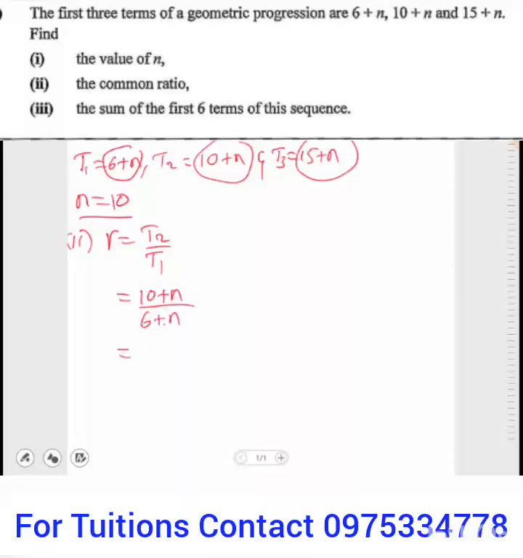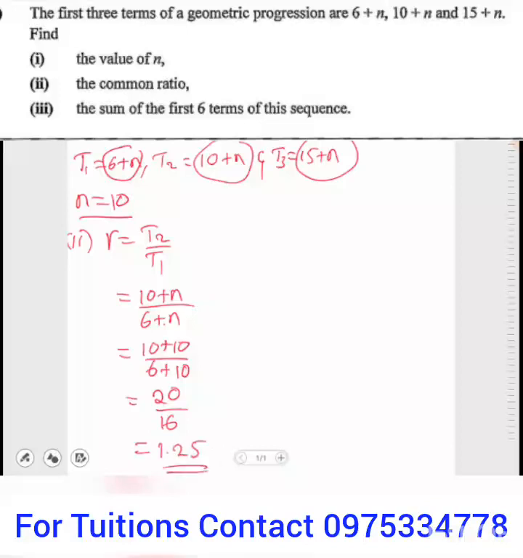So we know that n is 10. So we are going to say 10 plus 10 over 6 plus 10, which is going to be 20 over 16. And when you divide this, you're going to have 1.25.